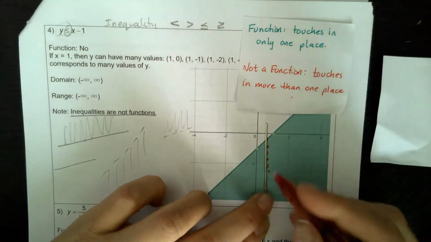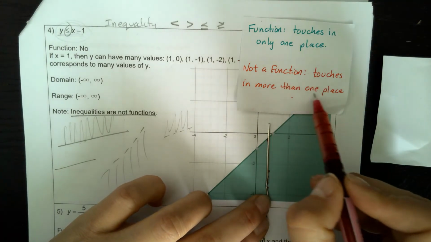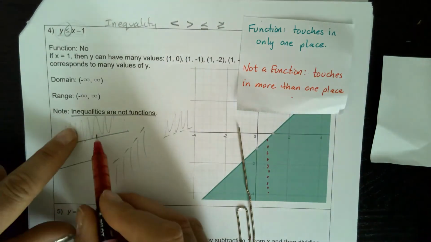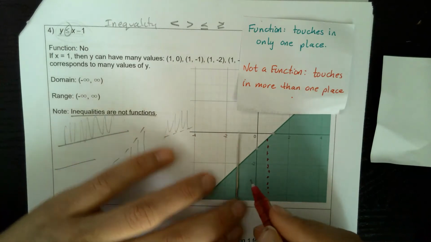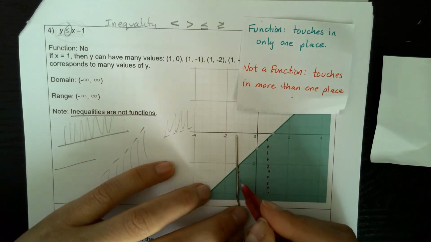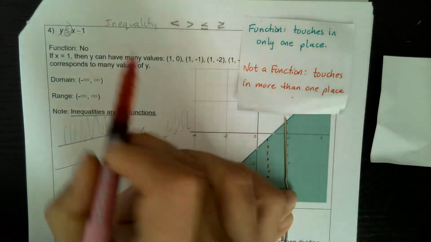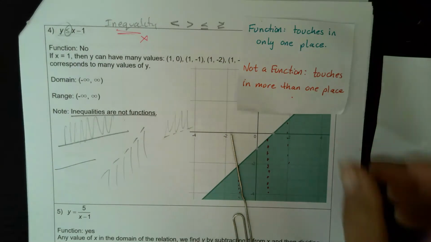And what's the rule? It's not a function if it touches in more than one place. So inequalities are always colored in, and you have this big chunk of an area. My vertical line touches in many, many places. So inequalities are never functions.